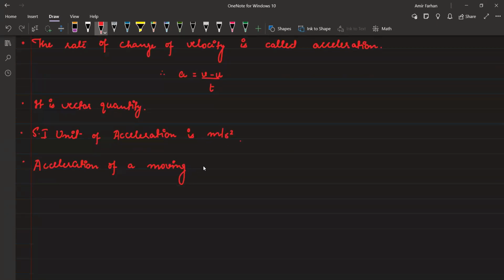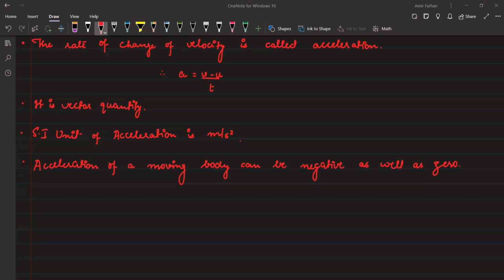Acceleration of a moving body can be zero. Clear, everyone? Okay, that's great.